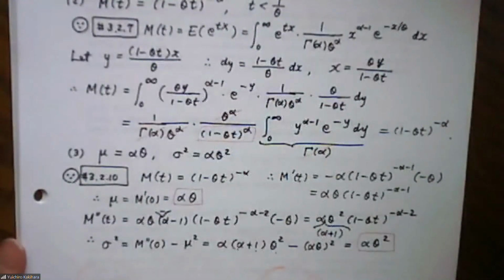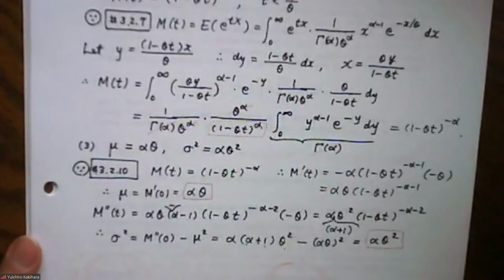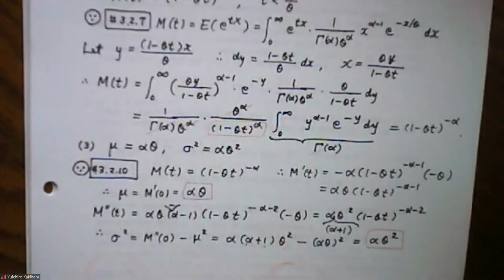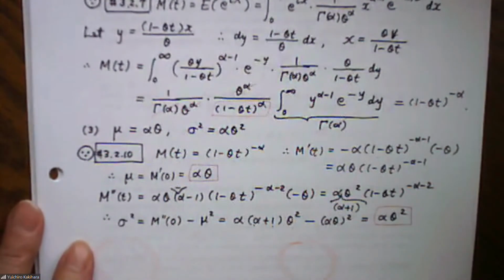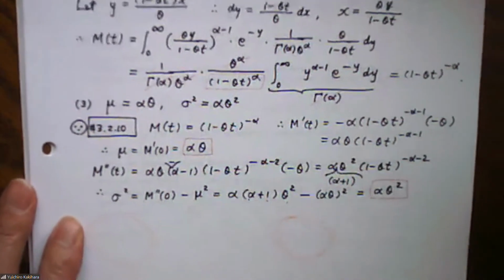All right, so we have figured out the moment generating function of the gamma distribution, and using that we can derive the mean and variance very quickly by simply differentiating. Do you have any questions? These are very nice exercises.